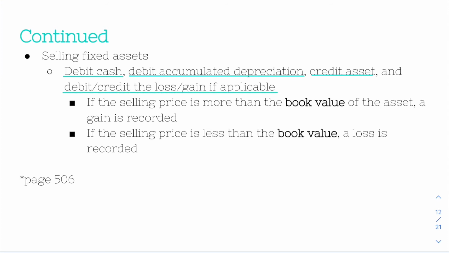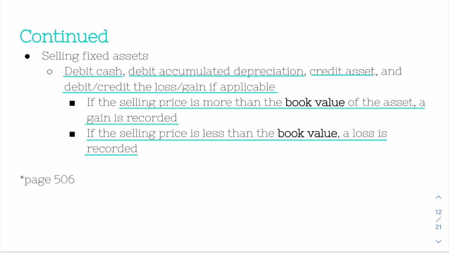And how you determine the gain or loss depends on the selling price and the book value. So if the selling price is more than the book value of the asset, a gain is recorded. So if you're selling it for more than it's worth, that is a gain for you. On the other hand, if the selling price is less than the book value, a loss is going to be recorded.